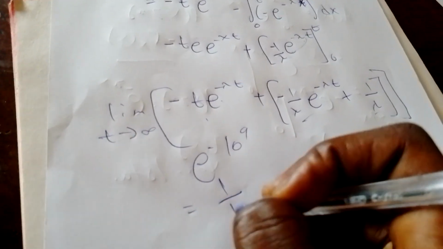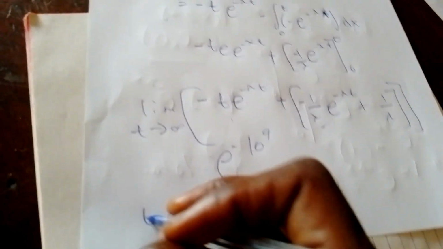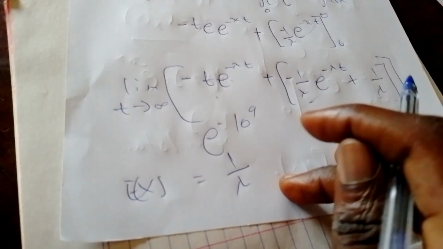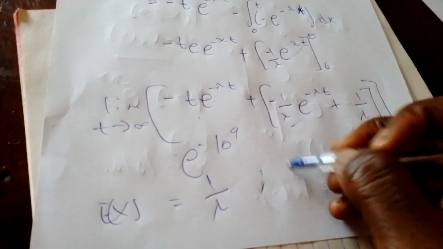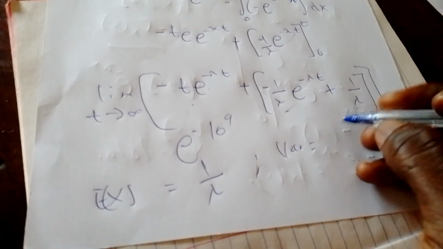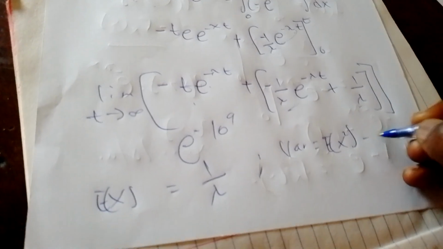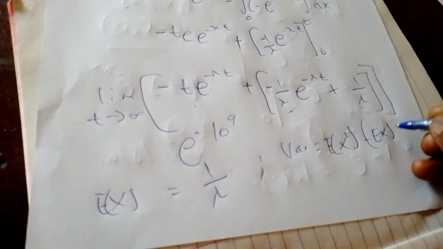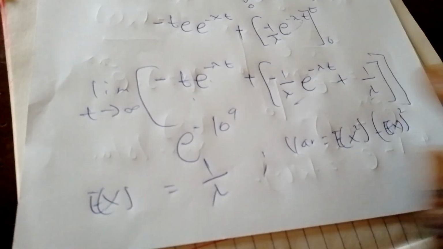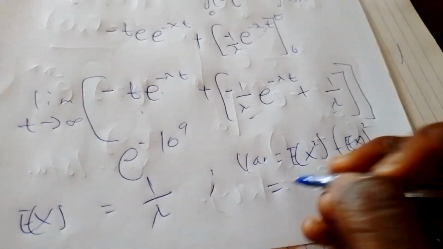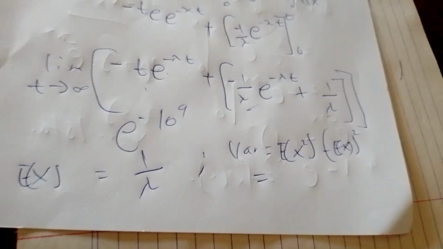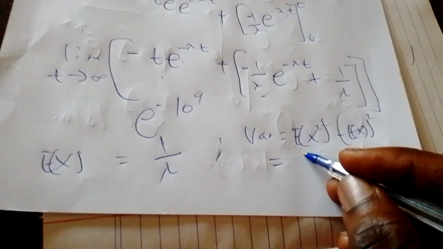So basically, where you end up is that your e of x equals 1 on lambda, and then your variance, which is the e of x squared minus e of x, squared. These are different things. So we've been establishing this, so I'm sure you're familiar with this now. Now, how do you do this one?